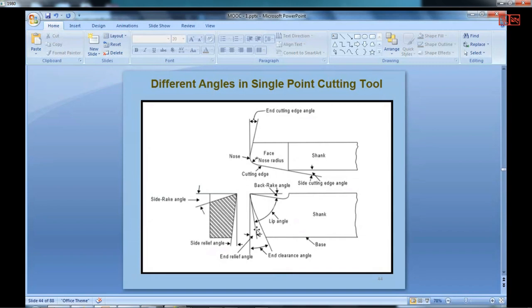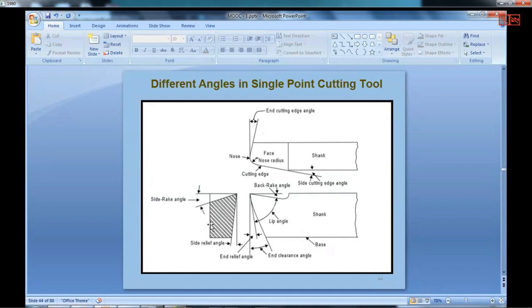Then the lip angle: what you see here between the back rake angle line and the relief angle line is the lip angle. And then we have the nose. This is the front view and this is the top view of it. We have the nose radius here, and then the cutting edge, and this angle is called the end cutting edge angle, and this angle is called the side cutting edge angle.